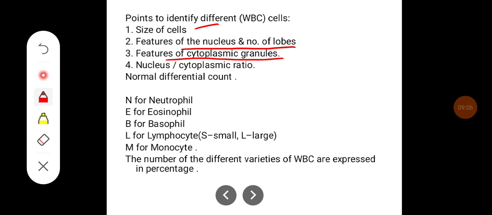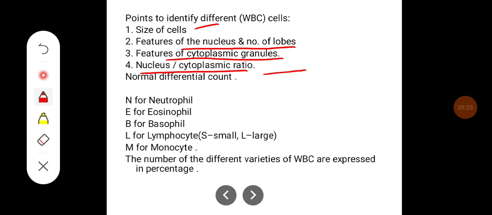Okay, so then based on the nucleus and cytoplasmic ratio, the monocyte has a 50% nucleus and cytoplasmic ratio, whereas in lymphocyte, the nuclear ratio is high.